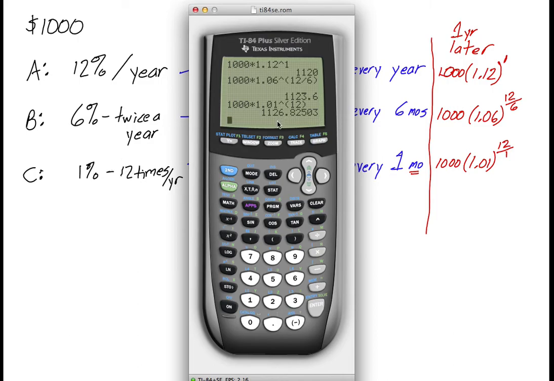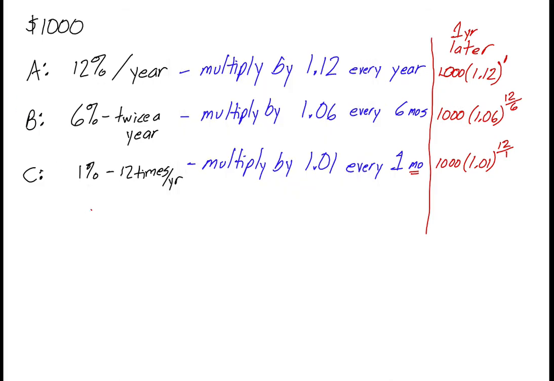Well, if we're greedy, and of course we are, what would be even better than taking that 12% and splitting it up into 1% 12 times per year? Well, what if we did it as 0.5% 24 times per year? Let's see what that does for us.